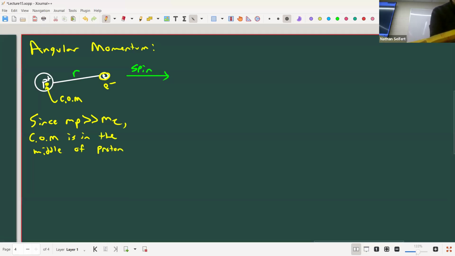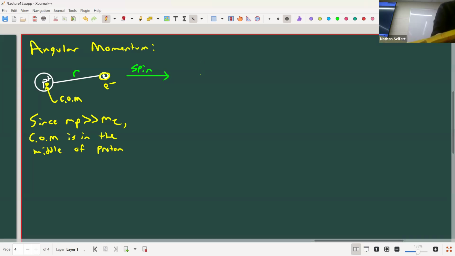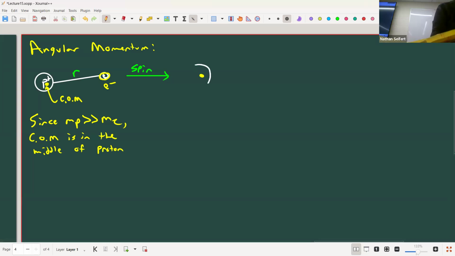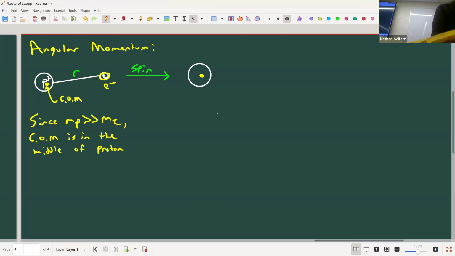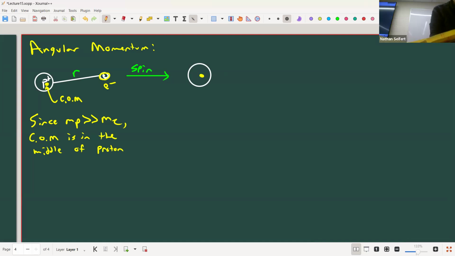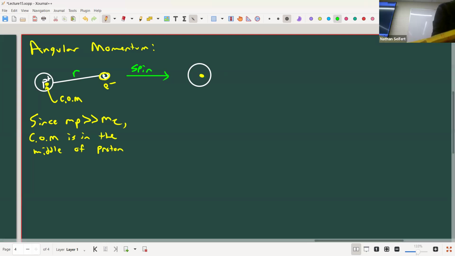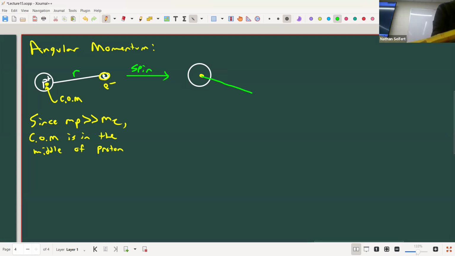So what we can do then is put the center of mass in the middle of our coordinate system. Here's our proton, and we extend from the center of the proton to our electron at some distance r.